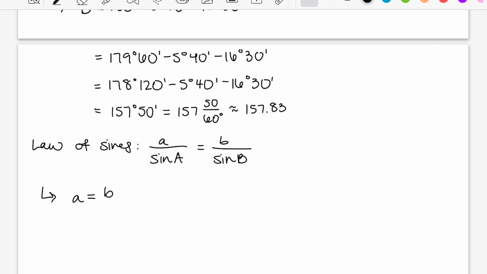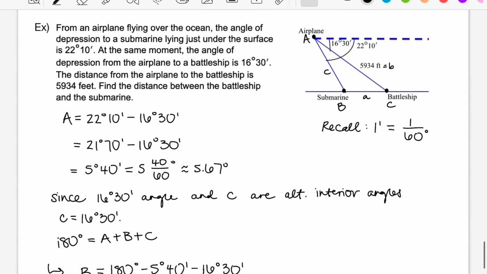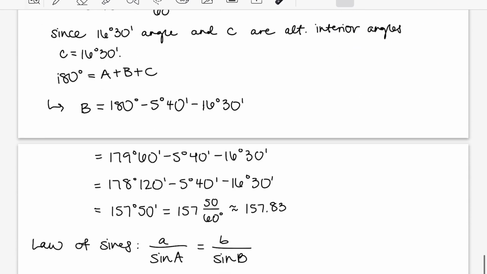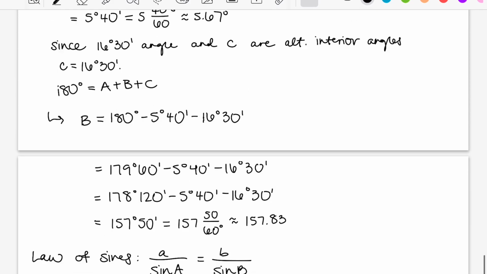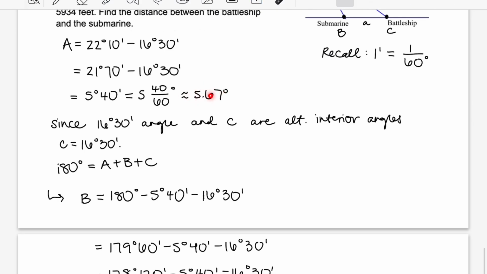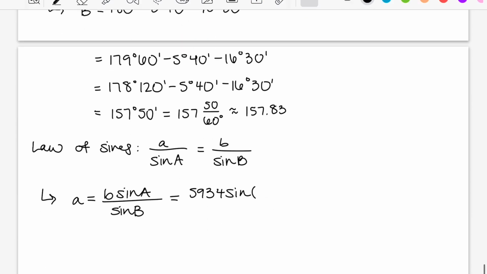So A is going to be equal to B times sine of A over sine of B. Now plugging in this information, we know our side length B is going to be this here. Our angle A we found to be 5.67, and our angle B we just found to be 157.83.